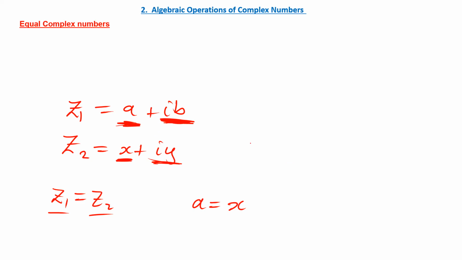In other words, IB is equal to IY. So don't be surprised if you open a book and, where there's I here, you find J. There are some books which use J instead of I. It still means the same.